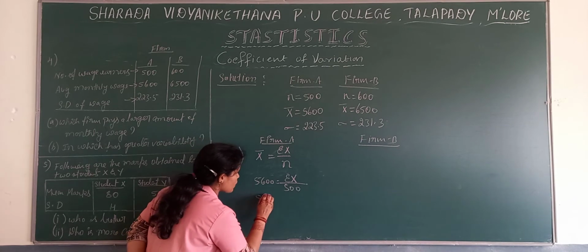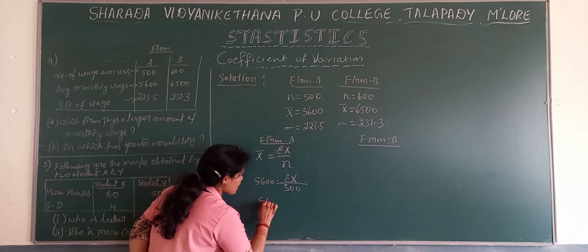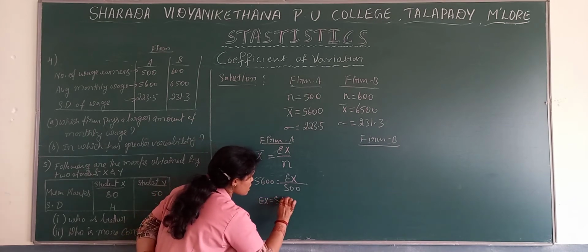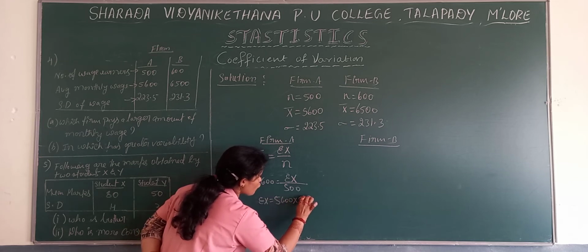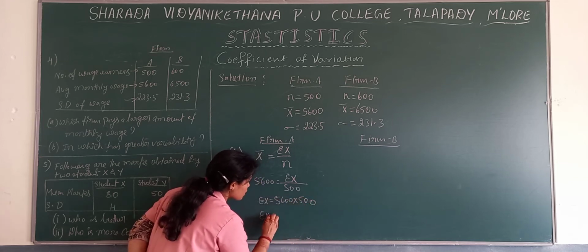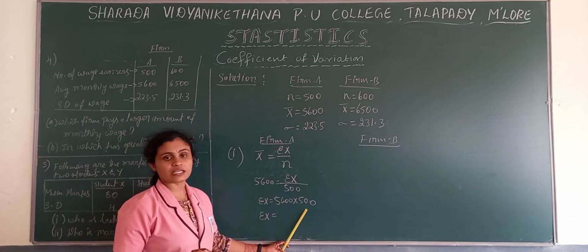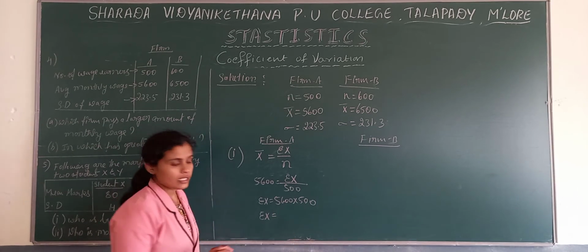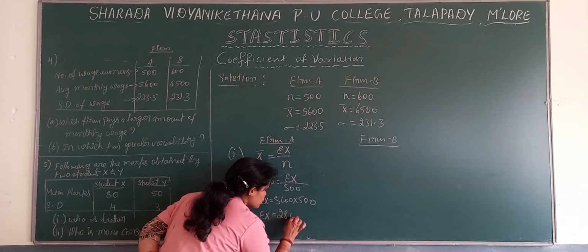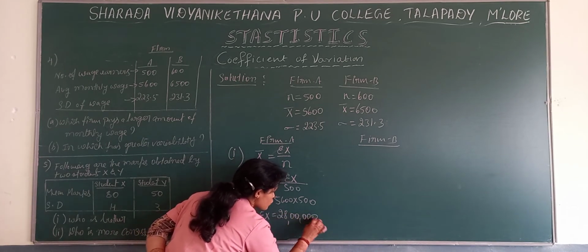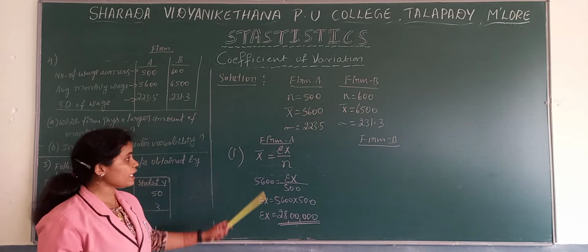That is sigma x equal to 5600 into 500. When we multiply 5600 into 500, we get 28 lakh. This is the wages which firm A provides to their employees.